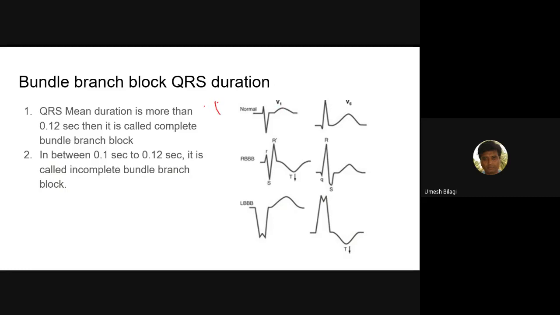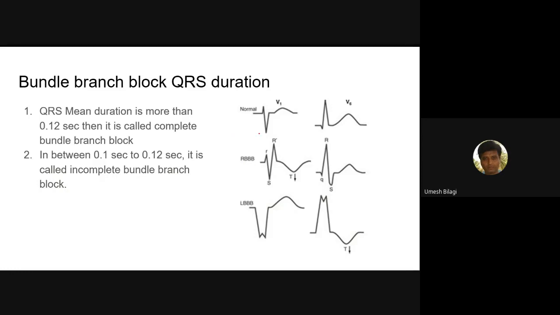For example, if the left bundle is blocked, the left ventricle will get depolarized by myocyte to myocyte transmission. This myocyte to myocyte transmission will produce a large electrical impulse with slower conduction. The depolarization of the myocardium happens slower. If it happens through the normal conductive tissue, it happens fast and very smoothly.